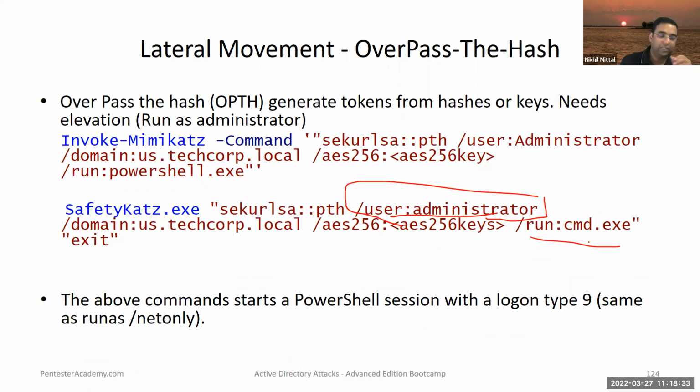That is the student user, whatever the current user is. But let's say you try to list directories because this is the domain administrator. Let's say you try to list C$ on the DC. At that time, this credential will be used, and it will only be the network resource that would see this identity. And that's what logon type 9 is. I mean, it has nothing to do with Mimikatz or the lab. That is how logon type 9 works in Windows.